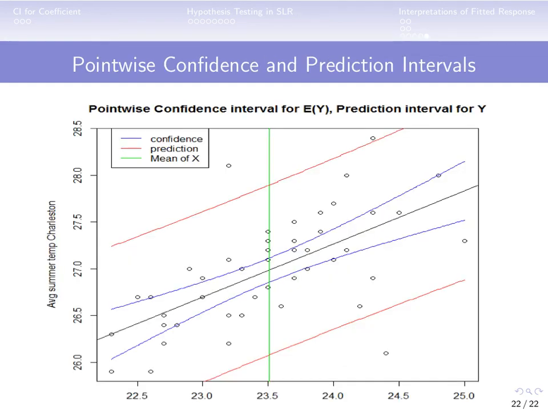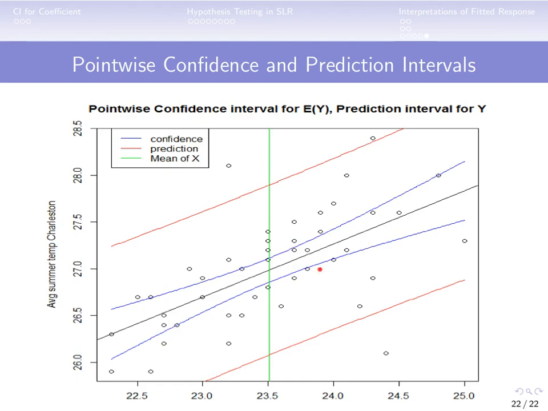This is just a graphical representation of the two types of intervals. The black dots represent the data points. It's basically summer temperature in two different towns. The black line represents the regression equation. The blue bands represent, for each value on the x-axis, the lower and upper bound of the confidence interval for the mean response.